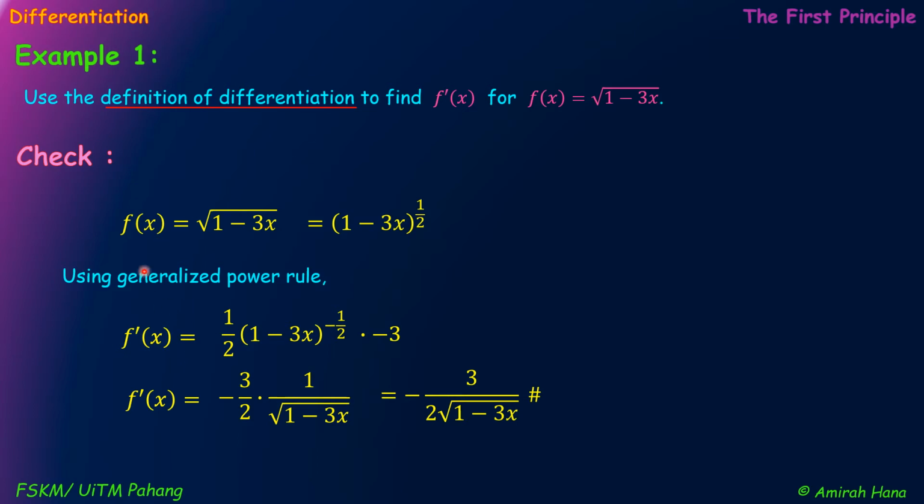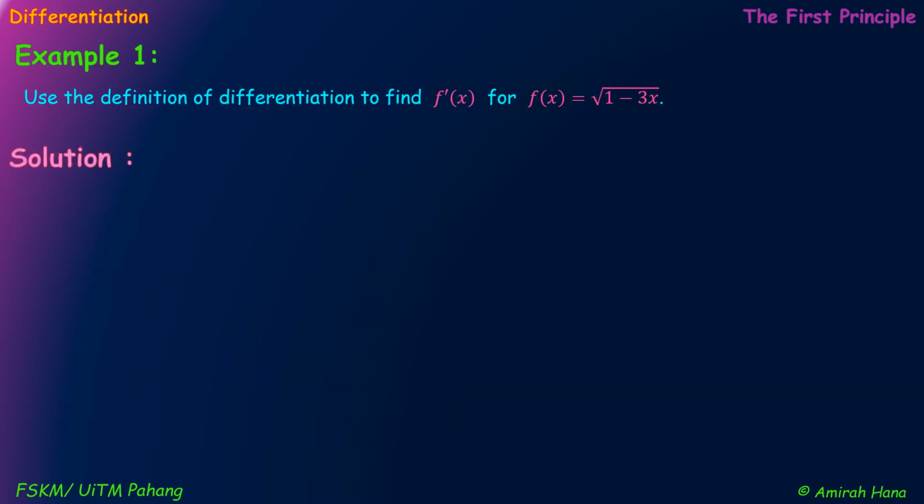This technique we just used to check the final answer, so that our answer when we use the definition of differentiation is not wrong. The final answer is f prime x equals negative 3 over 2 square root of 1 minus 3x. We found this using the generalized power rule.